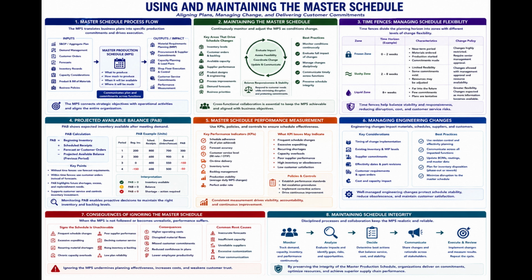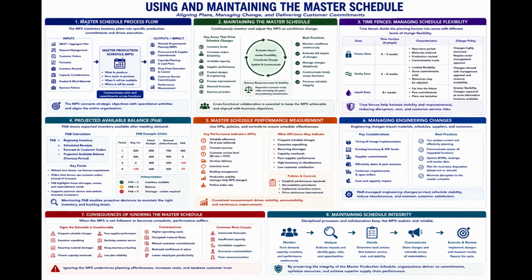Organizations use key performance indicators, KPIs, such as schedule adherence, forecast accuracy, customer service levels, on-time delivery performance, inventory turns, backlog management, and production stability to evaluate performance. Additional indicators may reveal underlying problems, including excessive schedule changes, recurring shortages, expediting activities, capacity overloads, or persistent inventory imbalances.